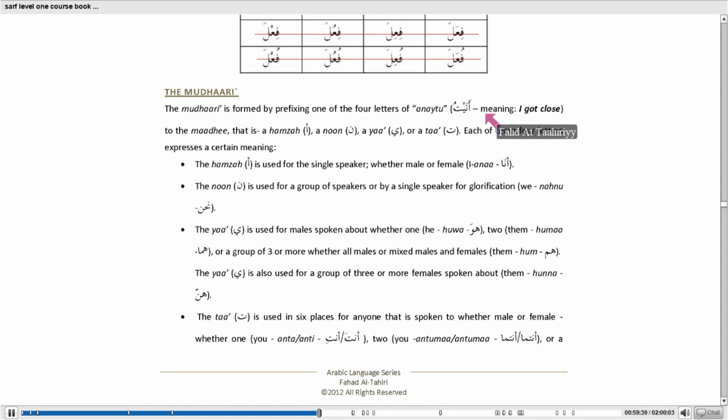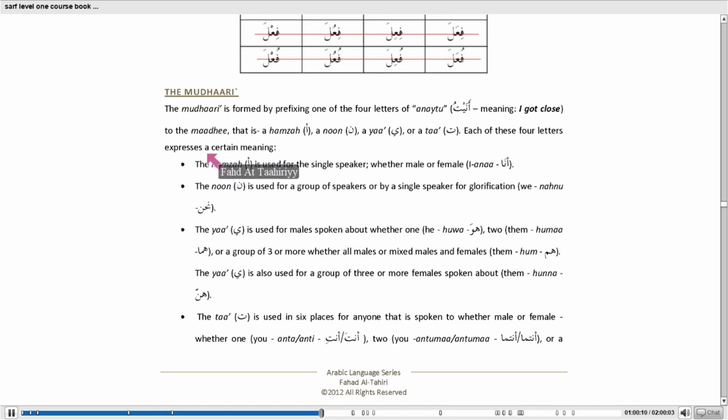Anaitu means I got close. So the letters of the mudari' which are prefixed to the madi are gathered in this word, anaitu: the hamza, the noon, the ya, and the ta. Those letters always come before. Okay? So it is the hamza, the noon, the ya and the ta.